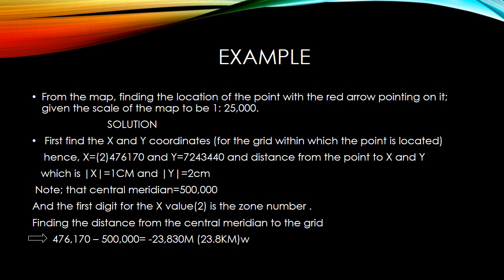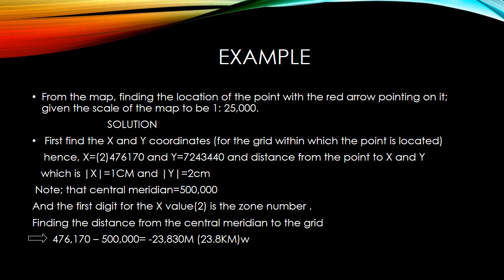We also have the x and y coordinates for the grid within which we can find the point. So the x coordinate is 2476,170. You see the 2 is in brackets. That 2 represents just the zone.